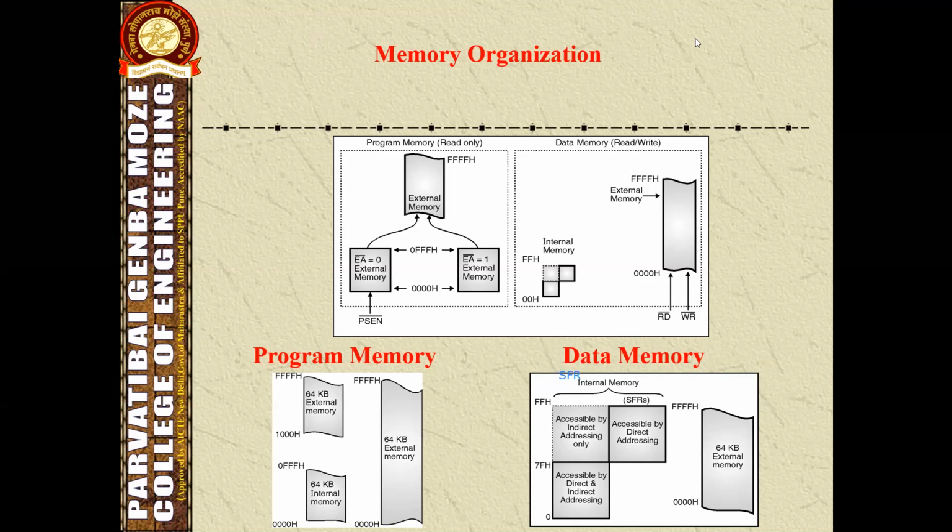The upper 128 bytes are accessible by indirect addressing, and the SFRs are accessible by direct addressing. Although they share the same addresses, these are two different blocks.